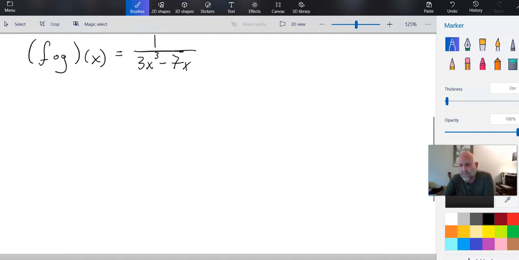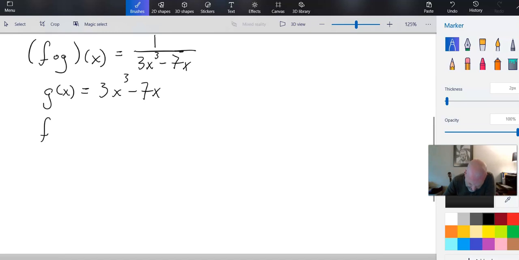Now, this one looks a little bit different because of the fact that I have this fraction thing here. Well, if I go ahead and look at 3x cubed minus 7x, that's a pretty good expression there. So let's go ahead and call that one of our functions. The worst thing that can happen is this doesn't work. So let's say g of x is 3x cubed minus 7x, right?